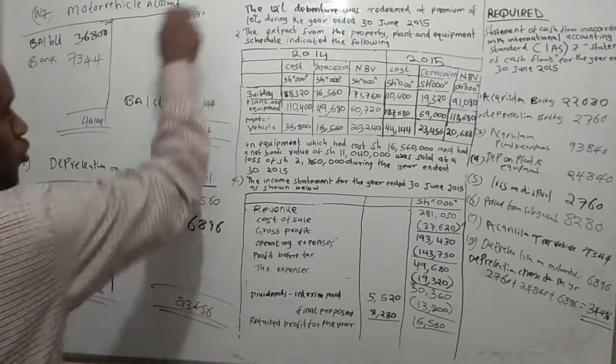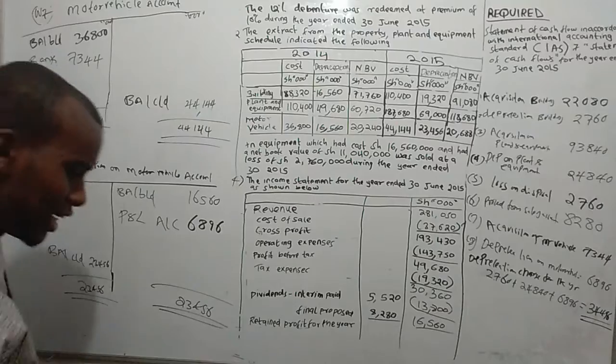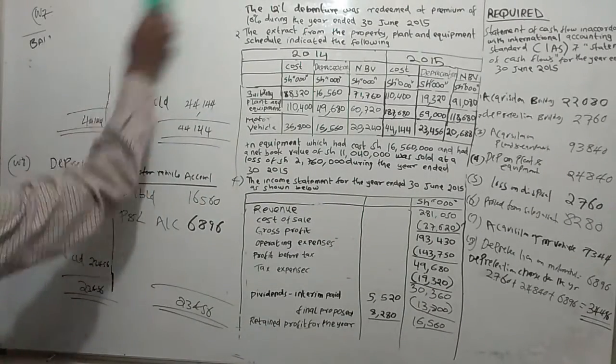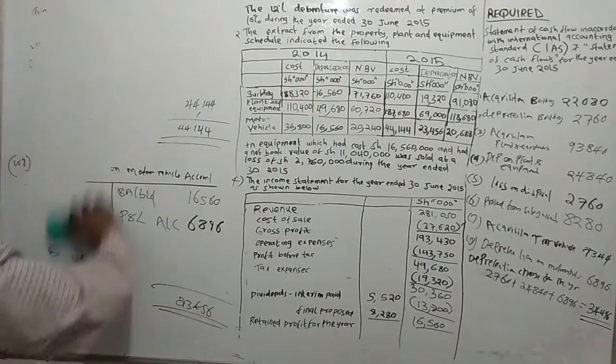Now let's go to the one for debenture, as our working number 9.